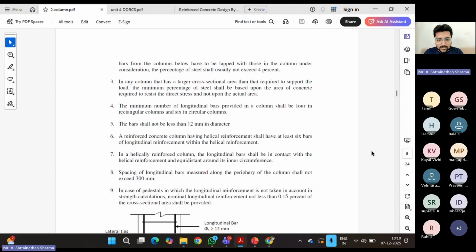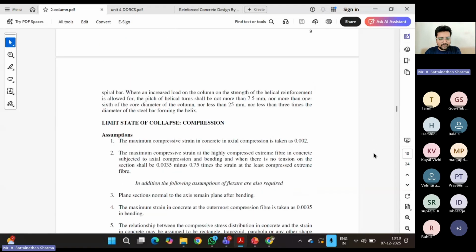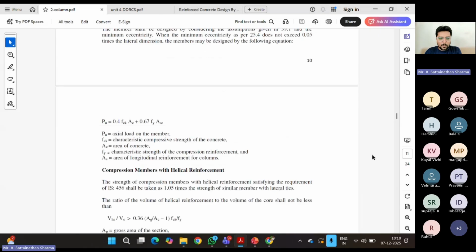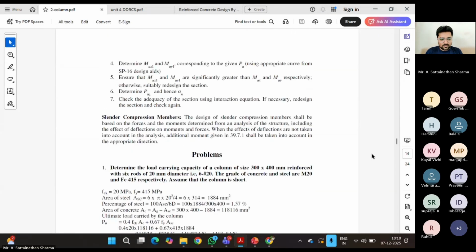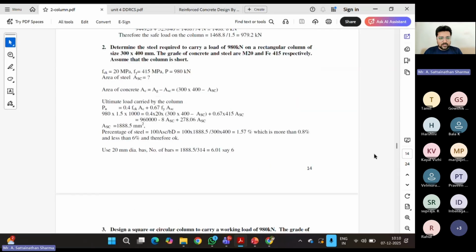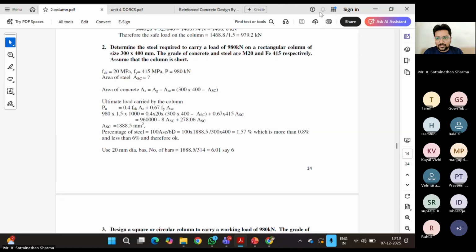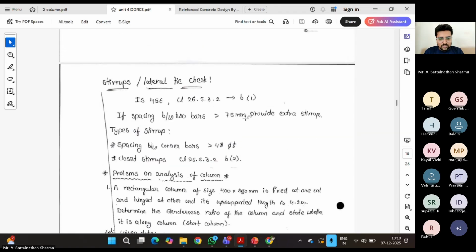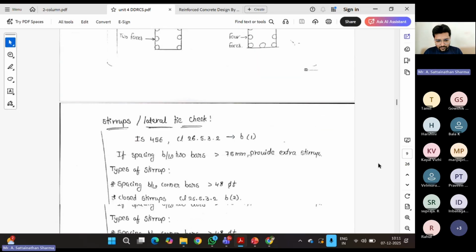I'll just give a glimpse of the problems, because we have done enough already in class. So I'll directly go with the design problem.